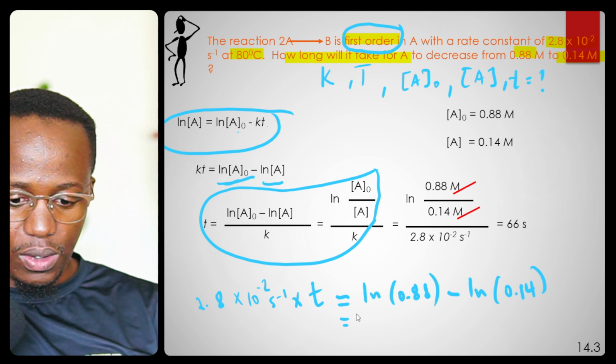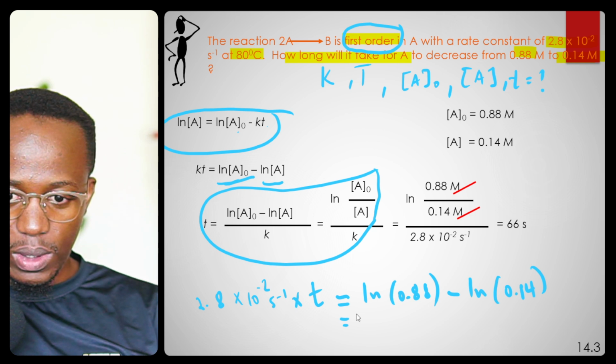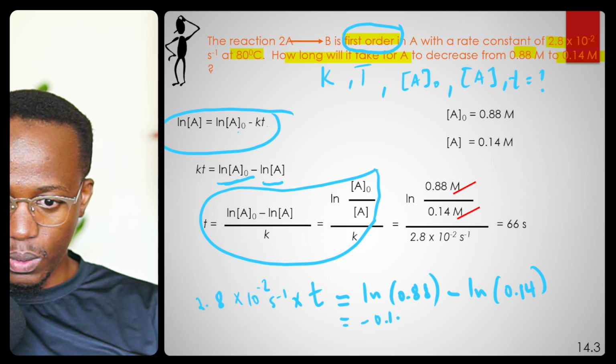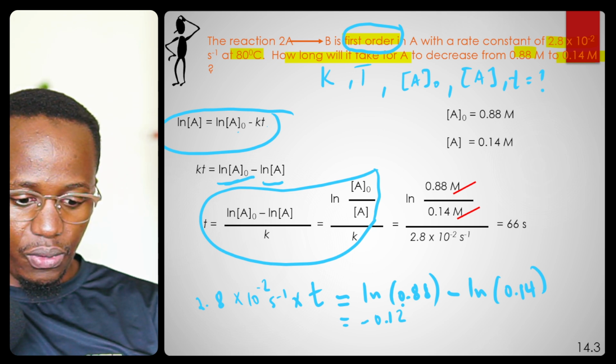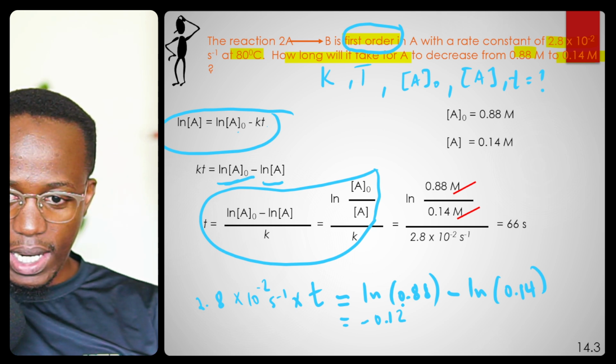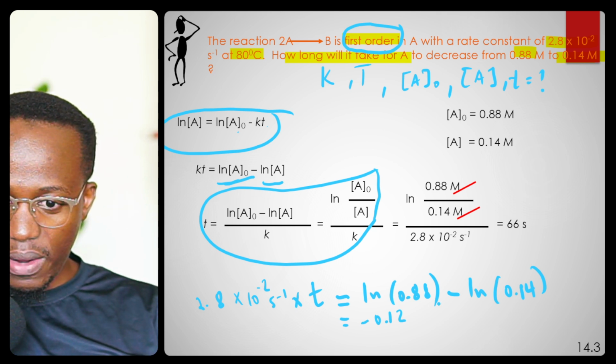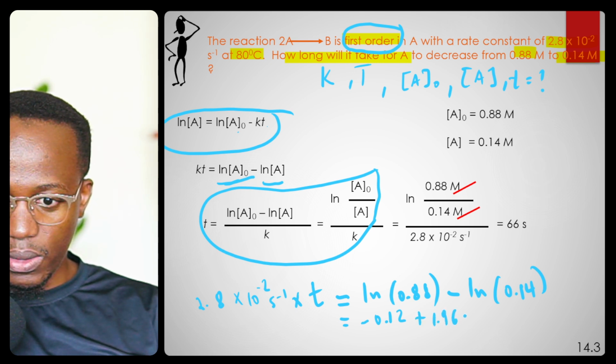So ln of 0.8 is equal to negative 0.22, and then ln of 0.1 is equal to negative 2.30, and then you have a negative here, so plus 2.30.